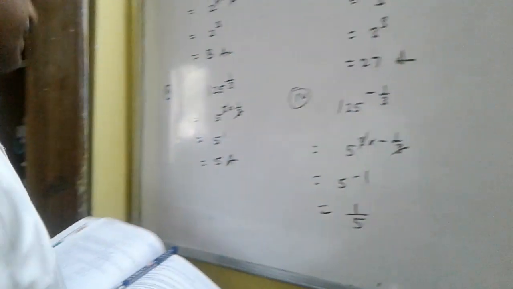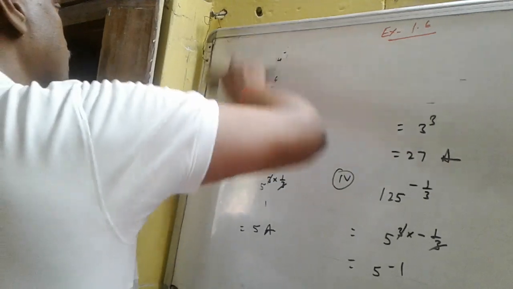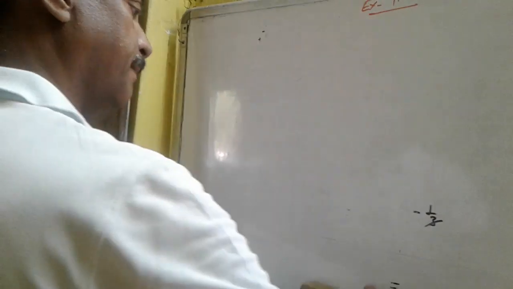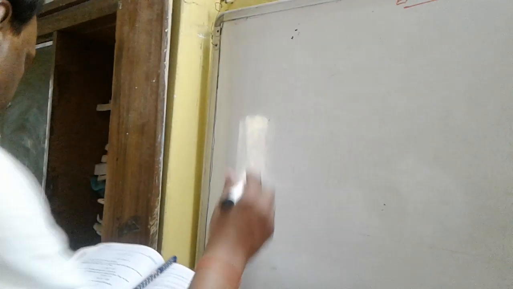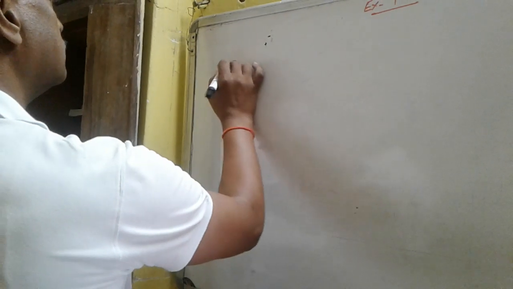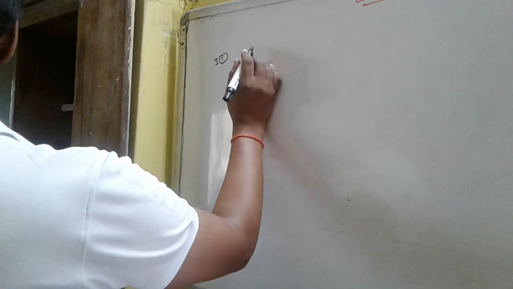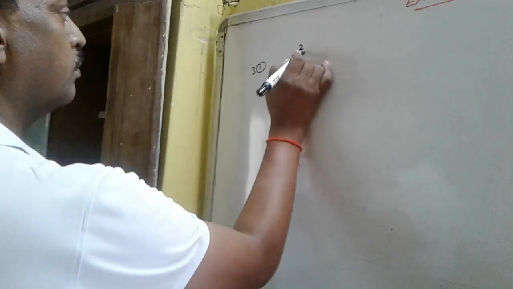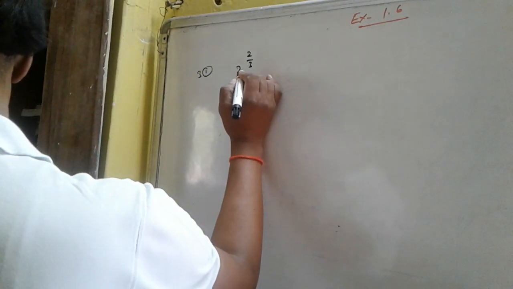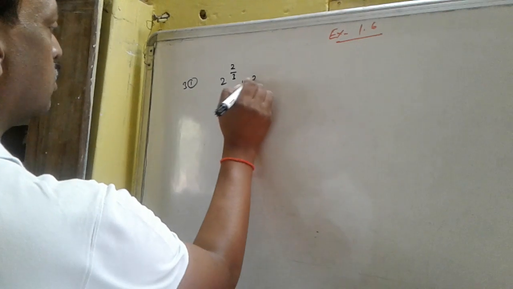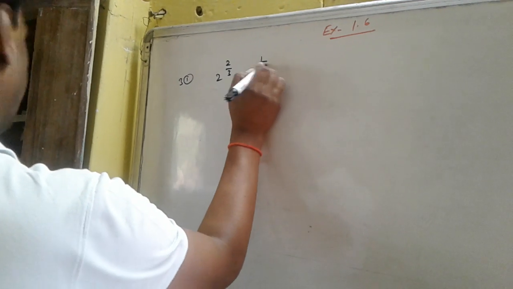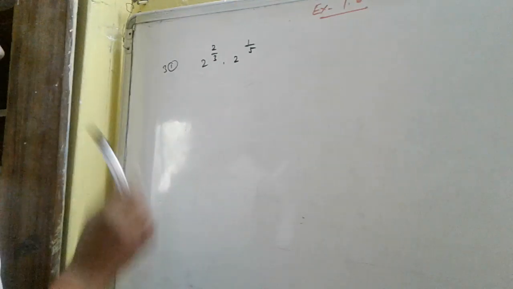Now see question number 3. Simplify. In the questions of simplify, first one is 2 to the power 2 by 3 into 2 to the power 1 by 5. Look here, the rule is known to you.